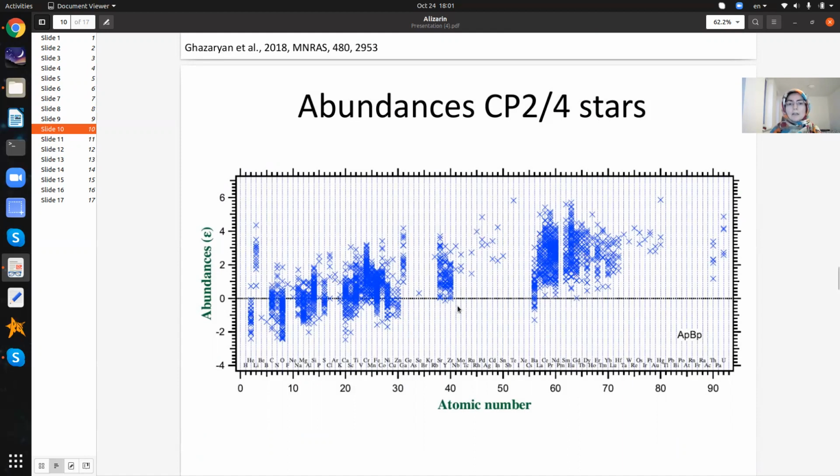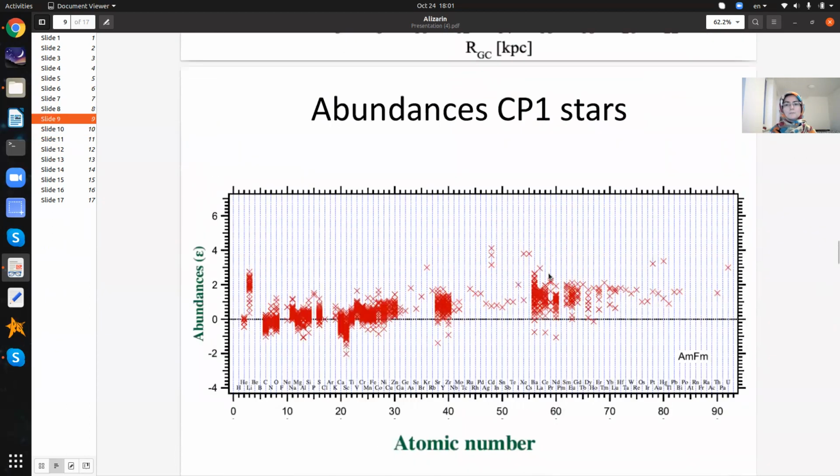So we can say that CP2 and CP4 stars that have a magnetic field are higher than 0. But for CP1 and CP3 stars that have no magnetic field, the abundances are mostly lower than 0.